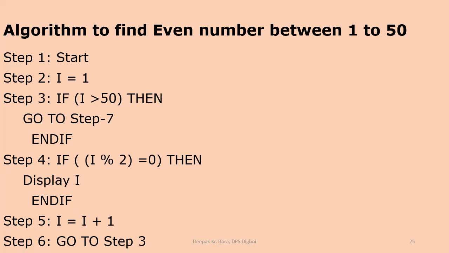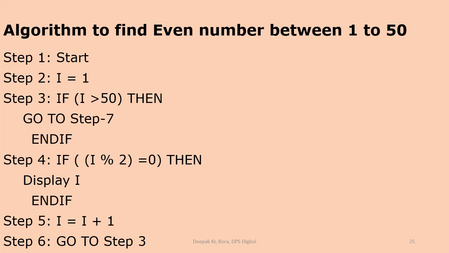It checks here if I%2 is equal to 0, means here I am dividing I by 2 and finding the remainder. If the remainder is equal to 0, then display I, that is, I am going to display it on the monitor. This is an even number.